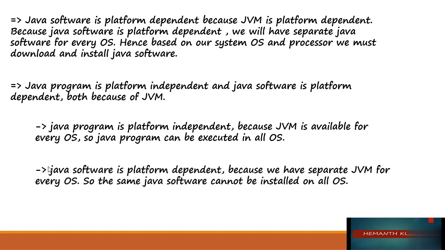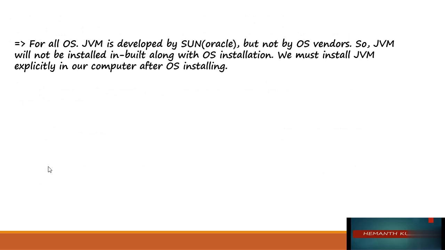Java software is platform dependent because we have a separate JVM for every OS. So the same Java software cannot be installed in all operating systems. For all operating systems, JVM is developed by Sun Microsystems and now it is acquired by Oracle, but not by OS vendors. So JVM will not be installed inbuilt along with OS installation. We must install JVM explicitly in our computer after installing the OS.